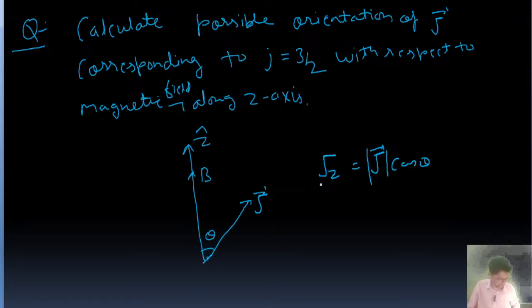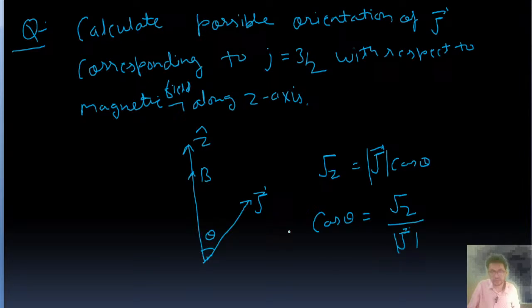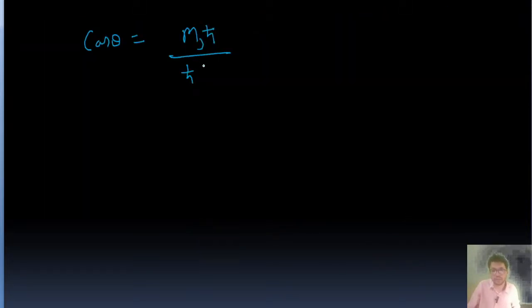Or from here the cos theta value is going to be Jz upon mod of J. Jz is mj h cut, and mod of J is h cut root J into J plus 1.